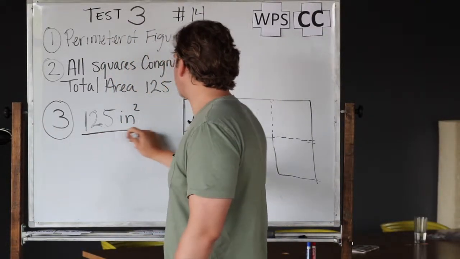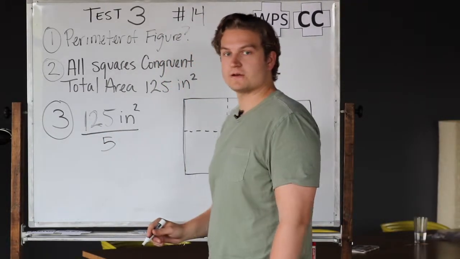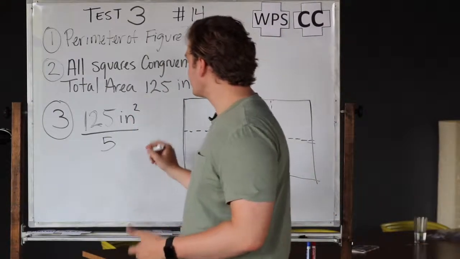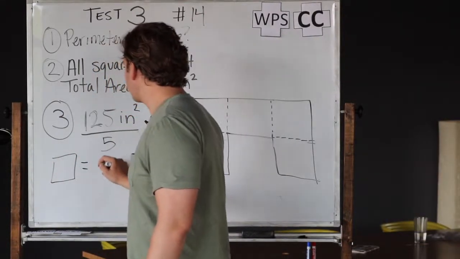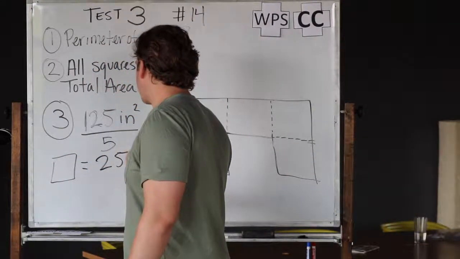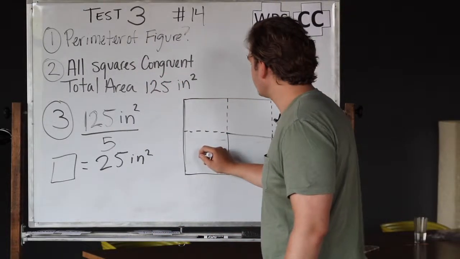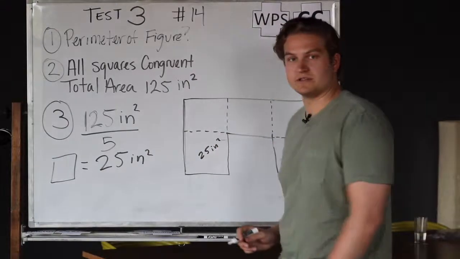And I know that there are 5 squares in the figure. So doing this pretty simple division, what I learn is that each square, I'm gonna draw a square here so we know, has an area of 25 square inches. Each and every one of them does.